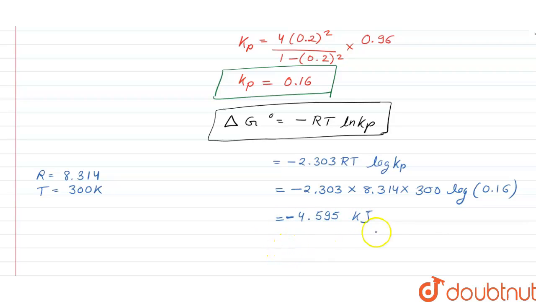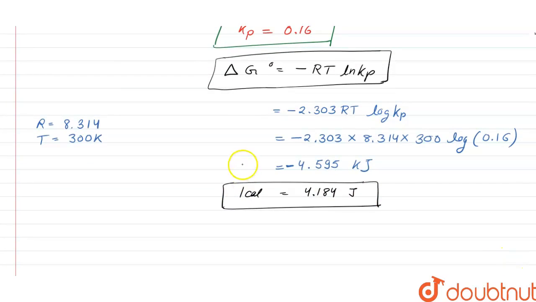If you want to change it from kilojoule to calorie, as in the question the options are given in calorie only, you know the conversion: 1 calorie is equal to 4.184 joule. So let's convert the given values. Here we had calculated the delta G naught value.